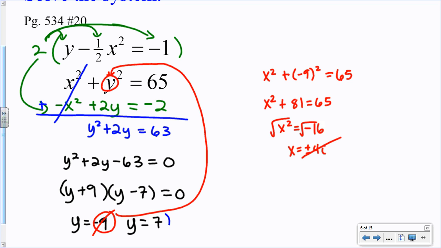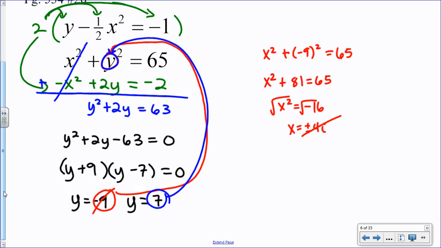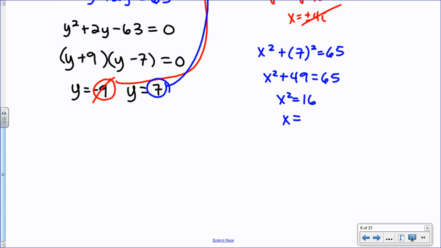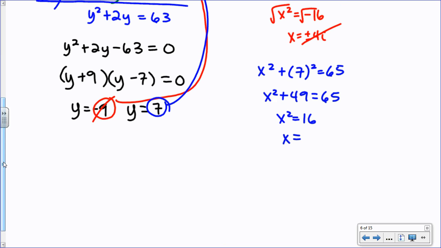Okay, do the same thing with 7. So this is positive 16, so x equals plus or minus 4.